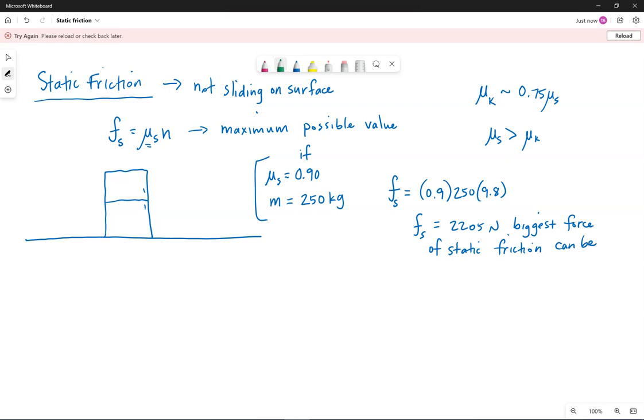So suppose we come to our fridge. As I've already mentioned, we know the normal force and the force of gravity are balancing each other out because there's no other vertical force. If we walked up to the fridge and pushed on it with a force of 100 newtons, well, that push is not hard enough to make the fridge move.